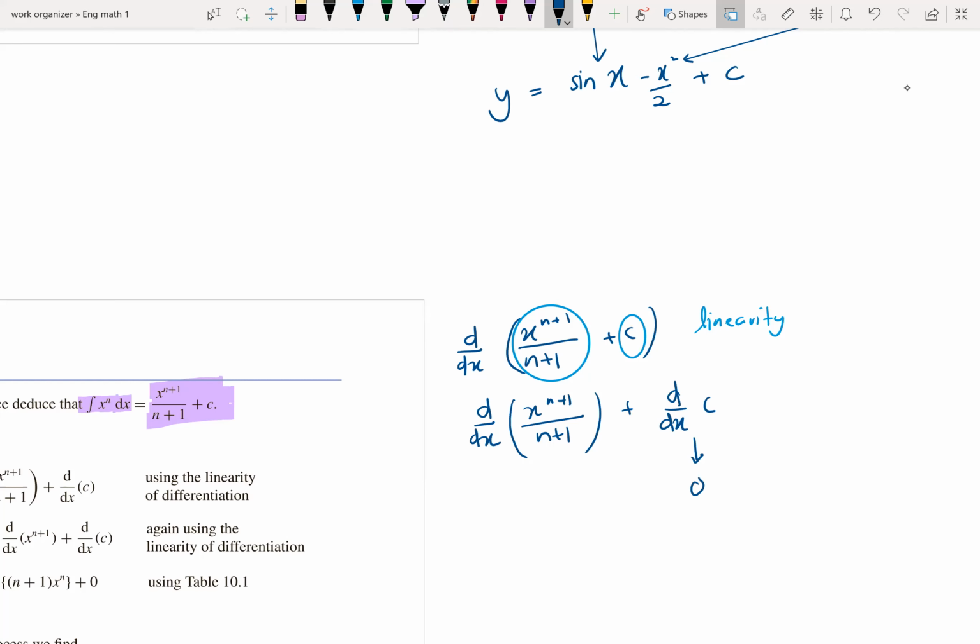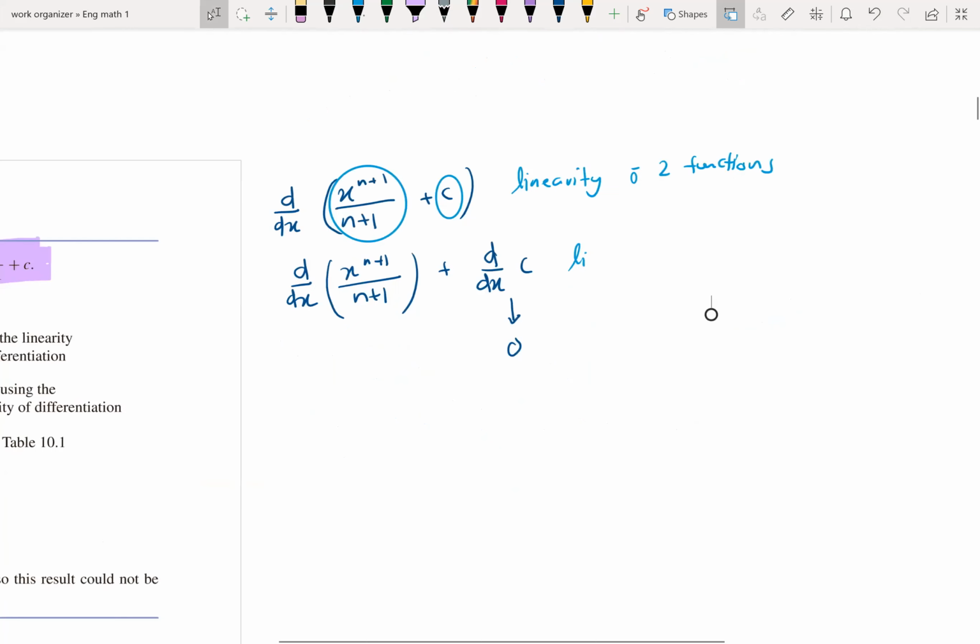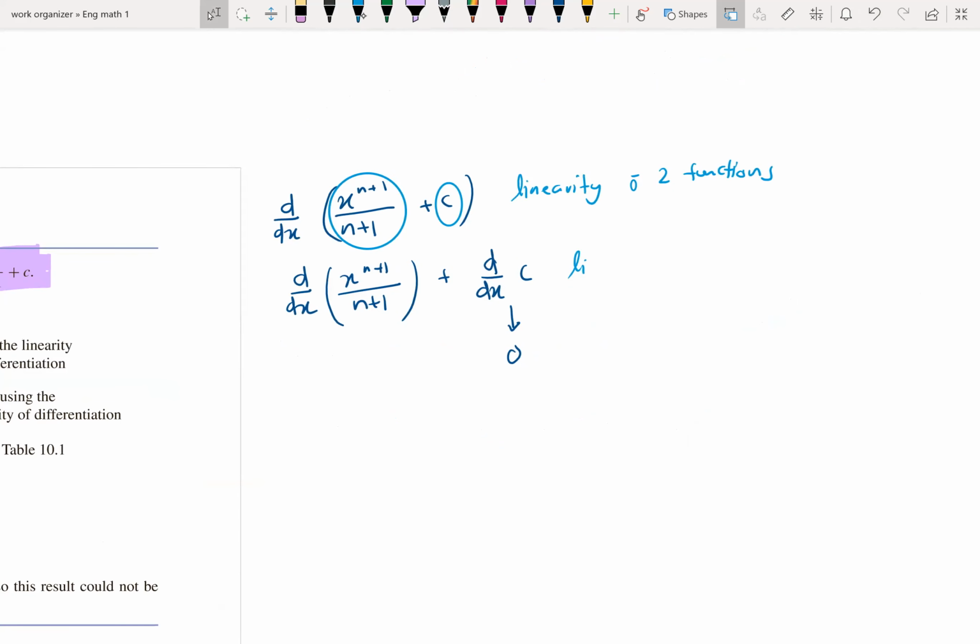Oh, forgot again. So for this one we also have to use the concept of linearity, the linearity of a constant. So where is the constant?